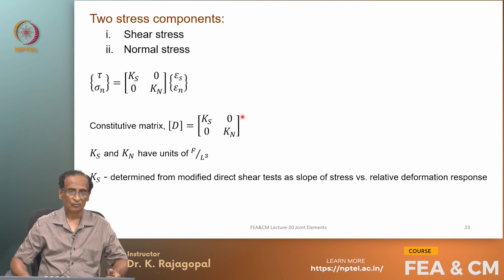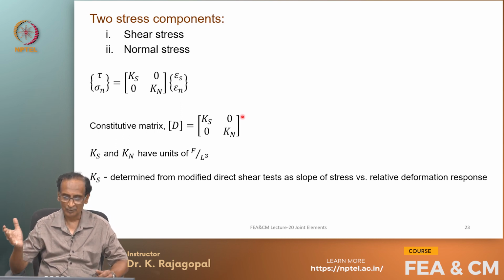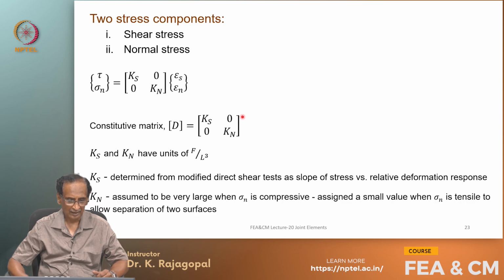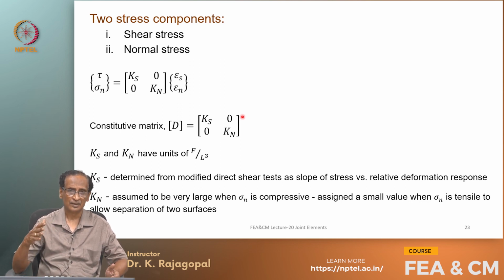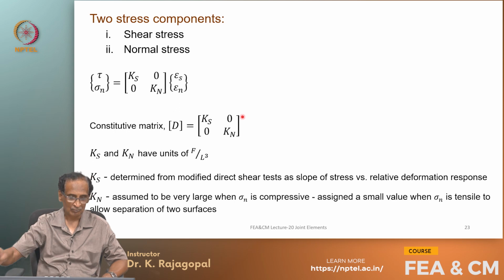The Ks we can determine from the modified direct shear test that we perform between the two surfaces. For the Kn, there is actually no test that we can perform for determining the normal stiffness, because we do not really measure anything at the interface level, we only measure at the top surface.